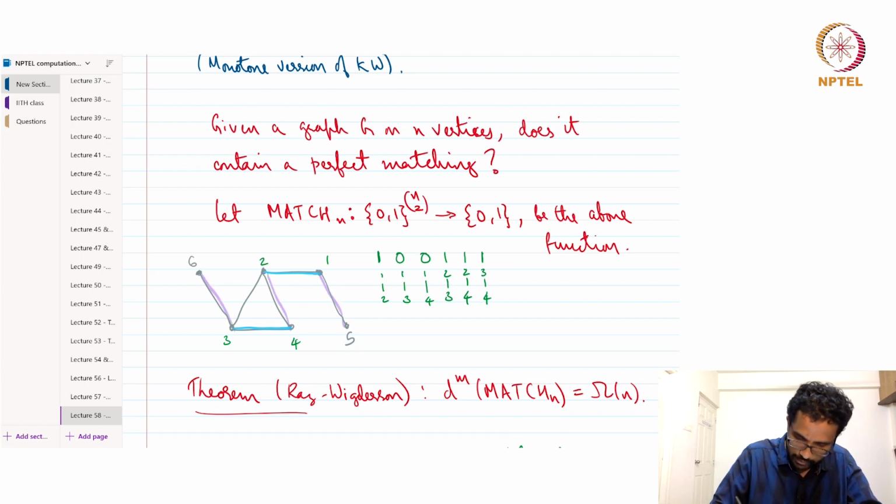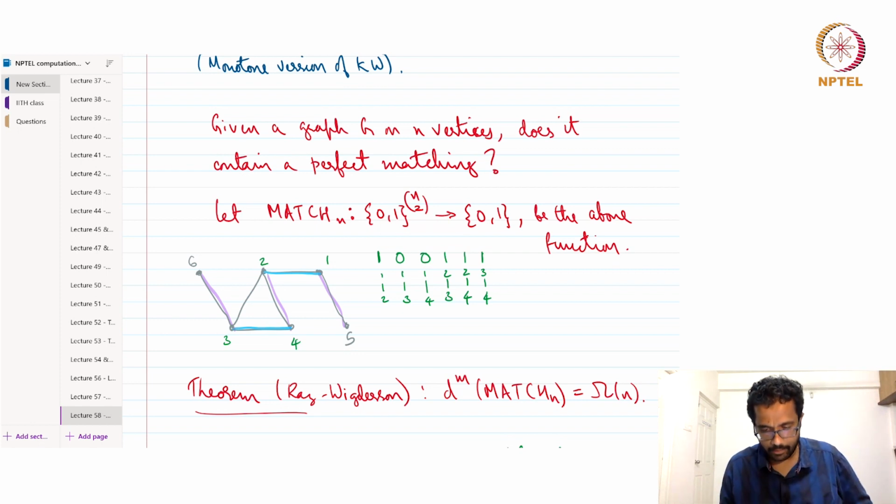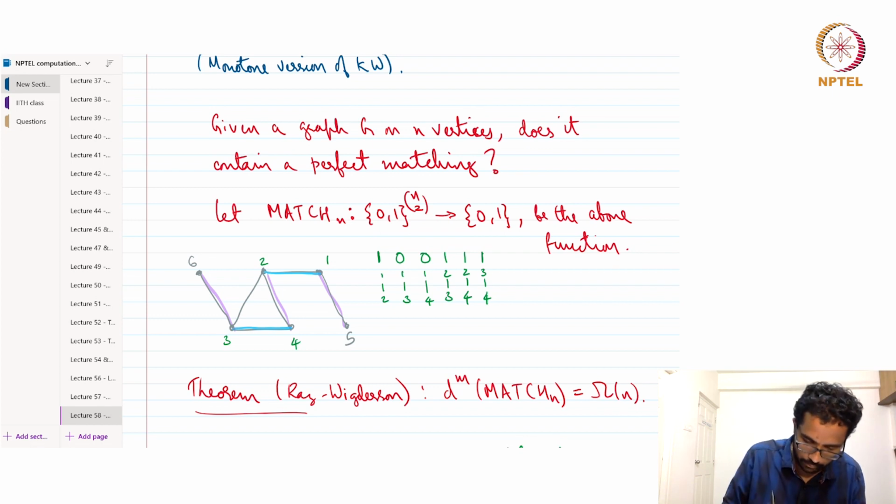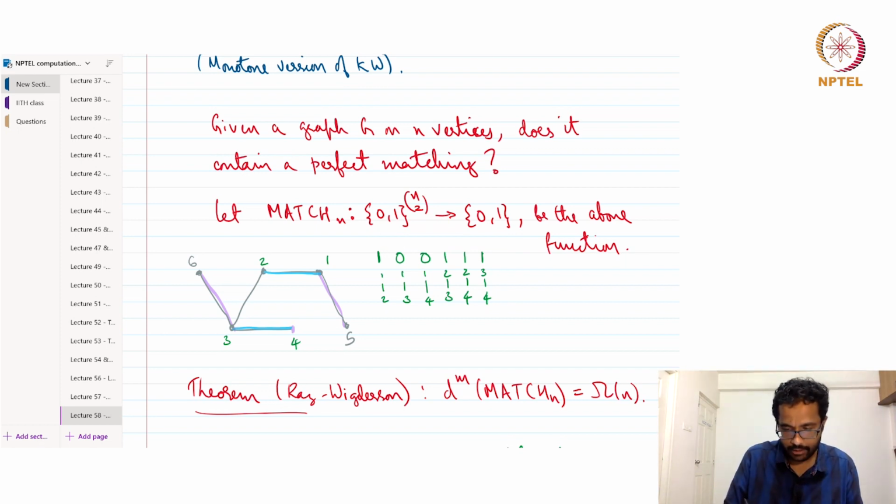This is a perfect matching. In fact, I think this is the only perfect matching of this graph. But if we did not have the edge 2, 4, then we don't have a perfect matching, because 5 has to match with 1 and 6 has to match with 3, so 2 and 4 do not have pairs. So for the vector of this particular graph, there is no perfect matching.